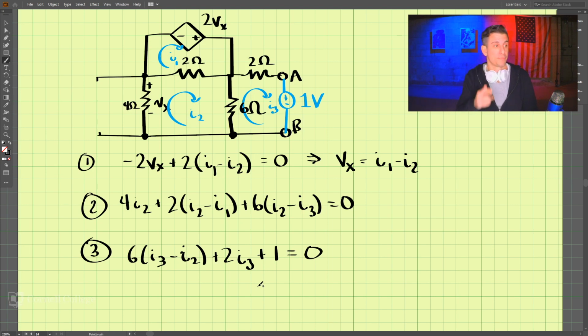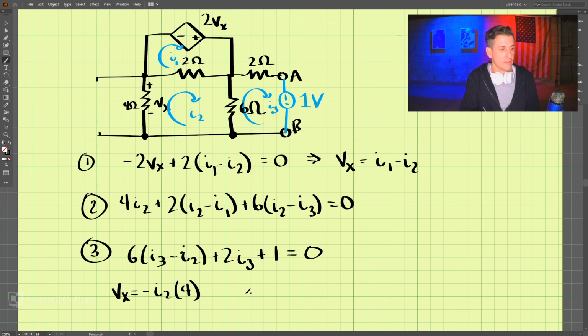So how do we do that? We also know from here that Vx is equal to negative I2 times this 4 here. That is Ohm's law, and because it's positive to negative here, that is a negative I2 times 4. And we can put that into this equation up here.